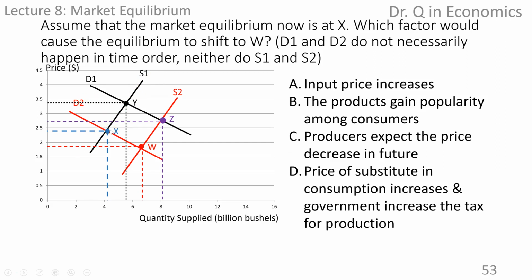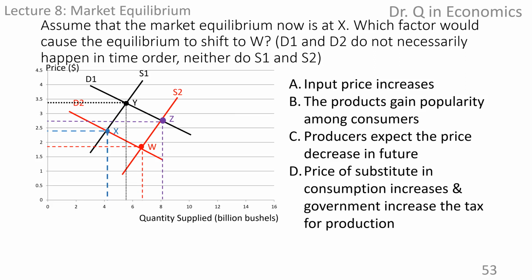Point W is a crossing point of D2 and S2. We can see that the demand does not change. We glide along the same demand curve. Supply shifts to the right-hand side. We need a determinant change that increases supply.